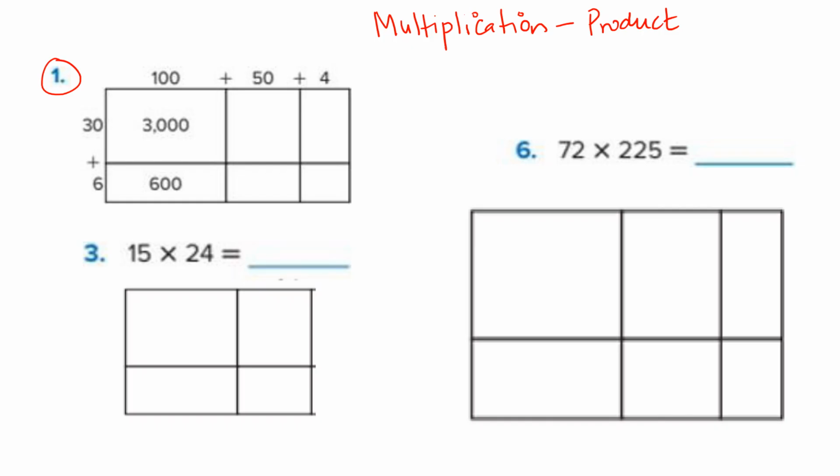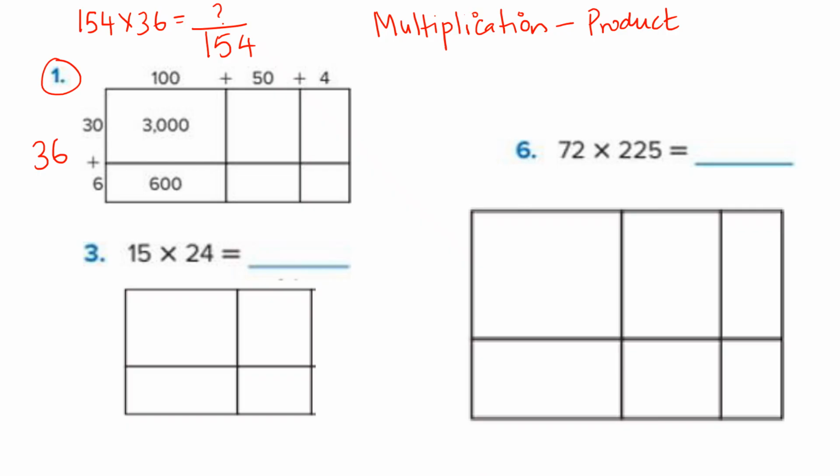For example, the number here is 154, the number here is 36. So the question is, how much is 154 multiplied by 36? You need to find the product, you need to multiply. So we use the area model in such a way that it makes the multiplication easy.